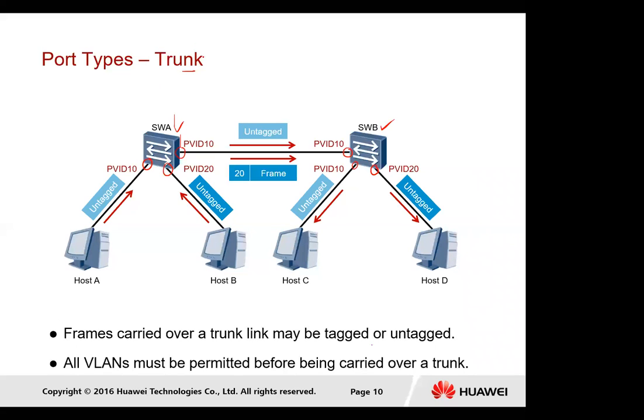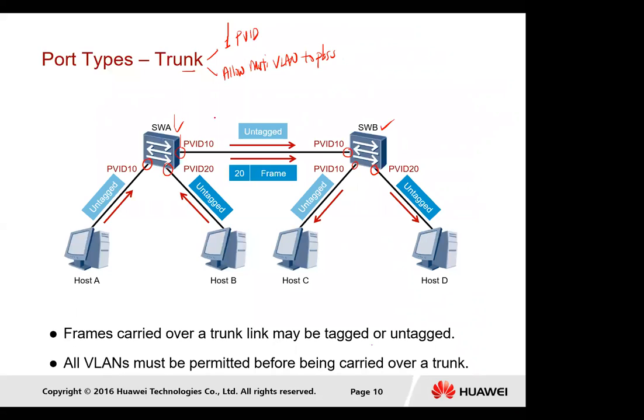Okay, a trunk also has one PVID, and they allow multiple VLANs to pass through. So we found that from here, I have VLAN 10 for this interface, VLAN 20 for this interface.